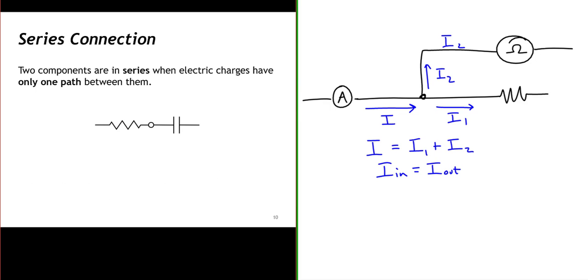Let's talk about different ways in which we could wire a circuit, and specifically, different ways in which we could attach two or more components, beginning with a series connection. Two components are connected in series when electric charges have only one path between them.